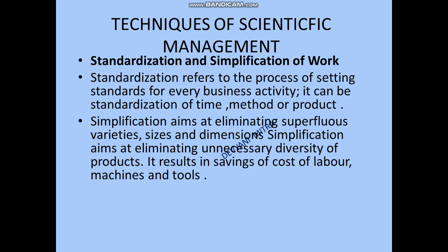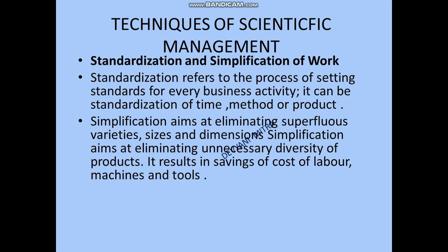The second one here is simplification. Simplification aims at eliminating superfluous varieties, sizes and dimensions. It emphasizes elimination of unnecessary diversity of product sizes and types, as more variety means more inventory, more types of machines required, and more labor.